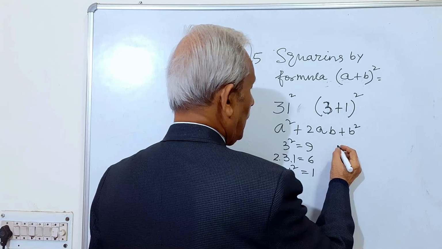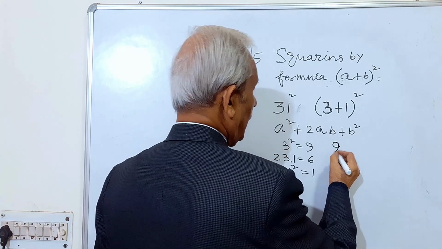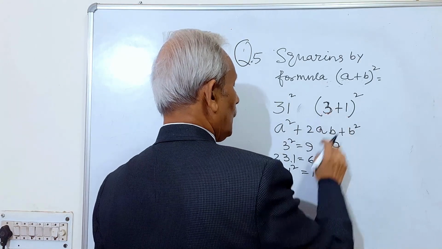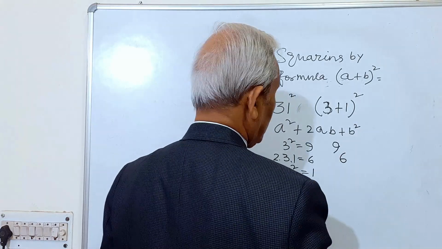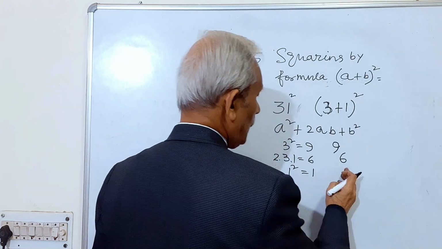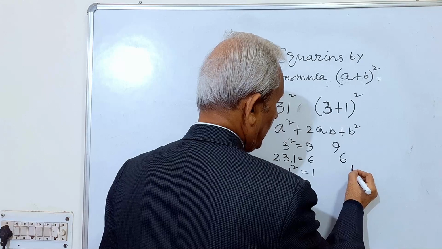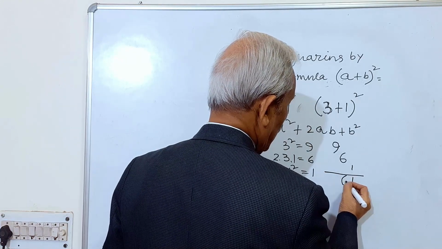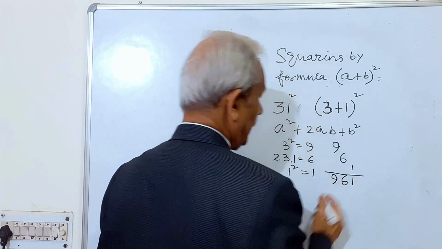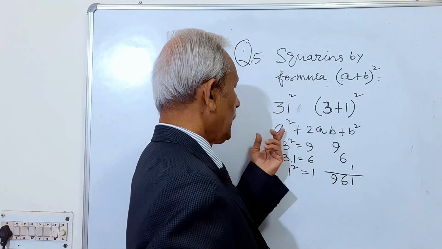So first there is 9. Now since there is 1 zero, we will shift it by 1 digit and put here 6. Then again this is 1, shift by 1 digit and write here. Understand it? First get the terms.